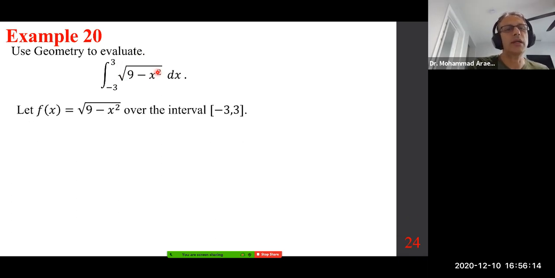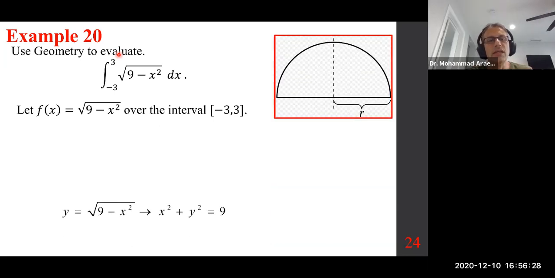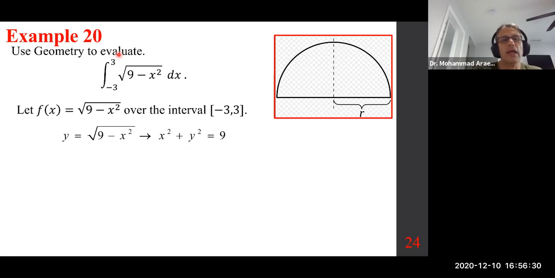We want to go from -3 to 3. You should show what type of equation you have and its shape. You must show and prove that this is a semicircle. How do you know that?